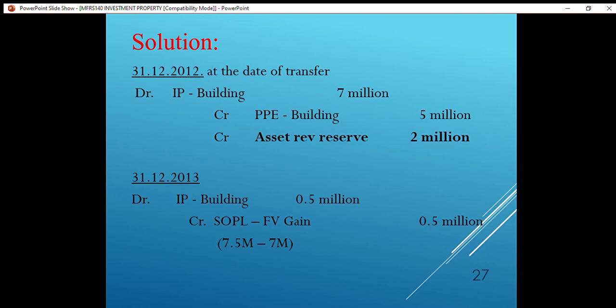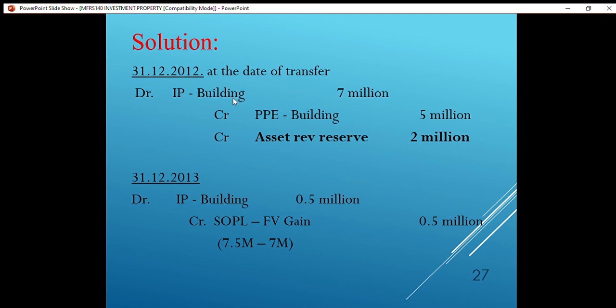So let's have a look at the journal entries for this situation. On 31st December 2012, that is on the date of transfer, we have to debit the investment property, since the property has been changed from PPE to IP. So we debit the investment property building at its fair value of 7 million.